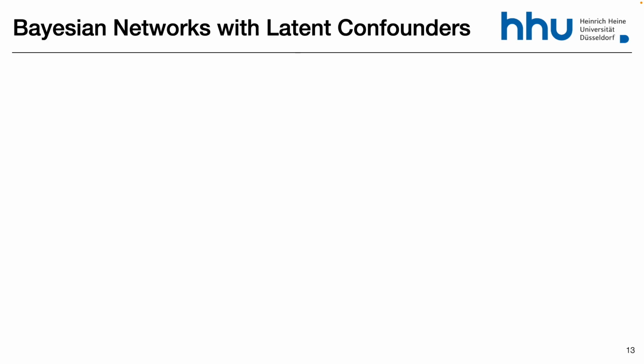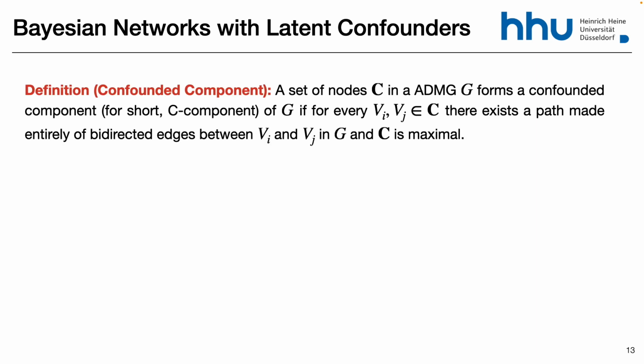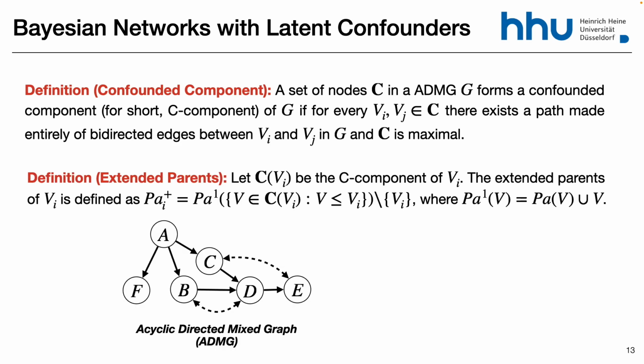So now comes the case of Bayesian networks with latent confounders. You need this definition. It's not that complicated, but there is this confounded component. Maybe I should go directly to the example so we can follow.